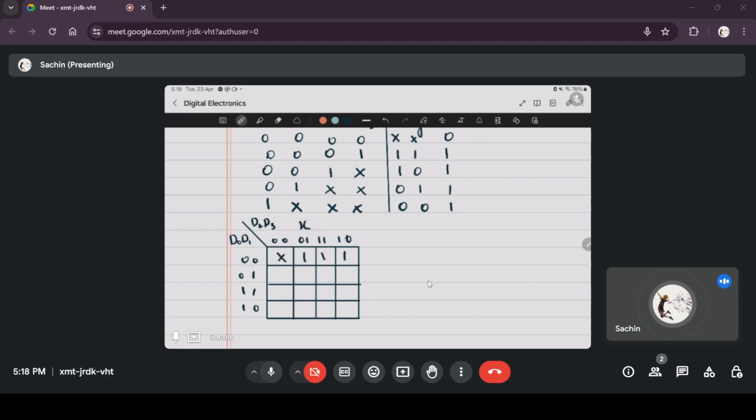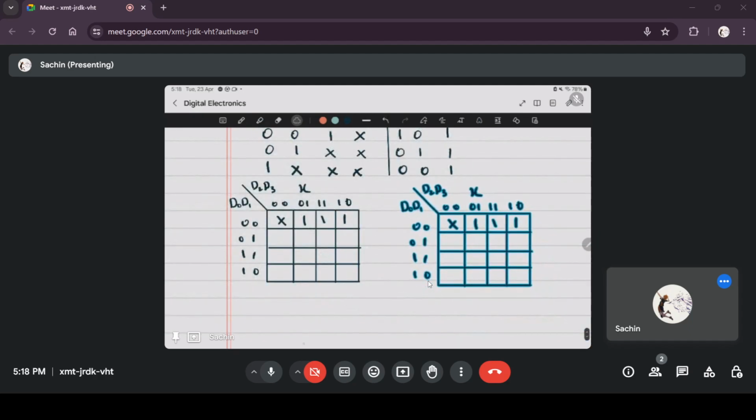For X, this is the K-map. For Y, this is the K-map.